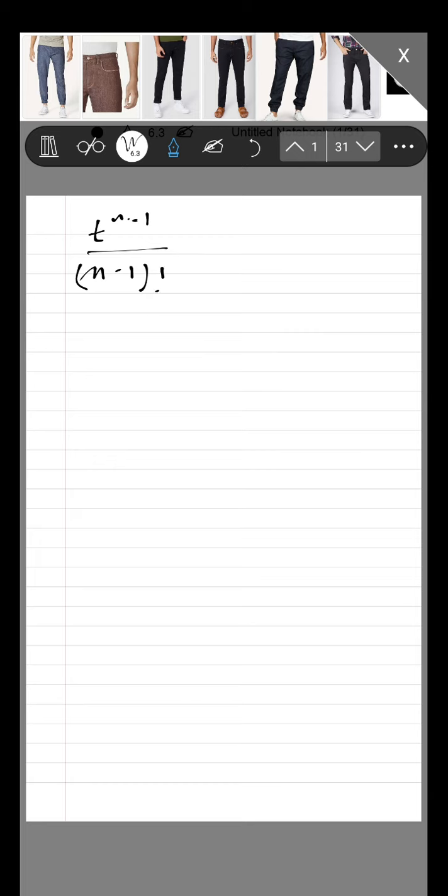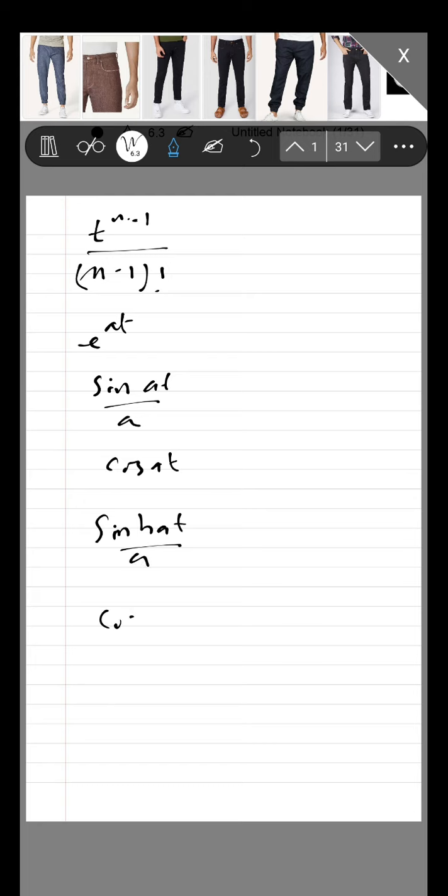This can be a function, e to the power at can be a function, sin at by a can be a function, cos at can be a function, sinh at by a, and cosh at can be a function.